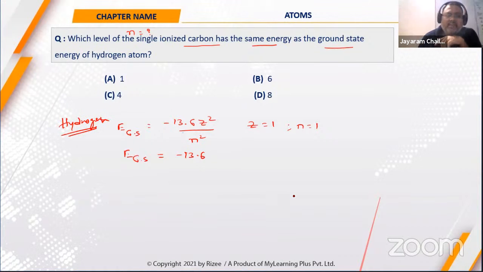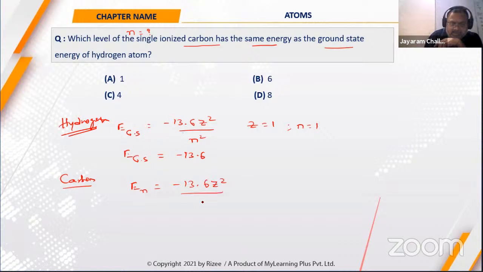Now, when I go for the carbon, if I write the relation for the same thing, the formula or the relation for the energy is going to be the same. Energy of the nth state is equal to minus 13.6 into z square by n square. According to the question, this energy is the same as minus 13.6 electron volts.